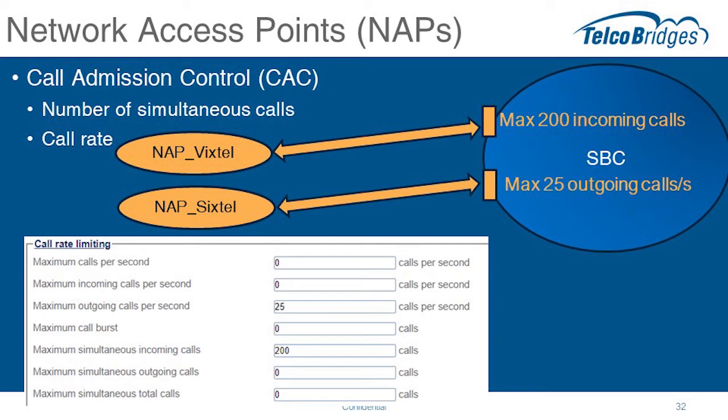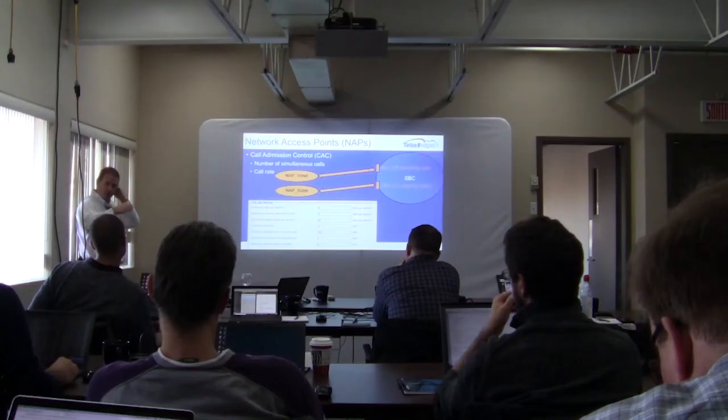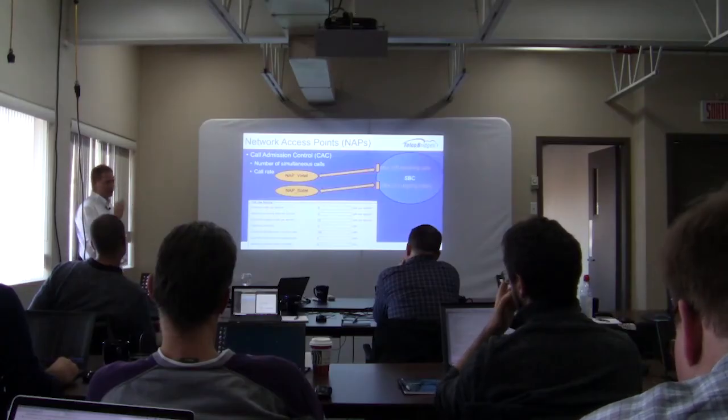And then, for example, maximum outgoing calls per second. We will make calls out, but after 25 calls per second, there's of course a window of checking how many calls we send, so it could be not exactly 25, but around 25. And we will stop sending on this network.